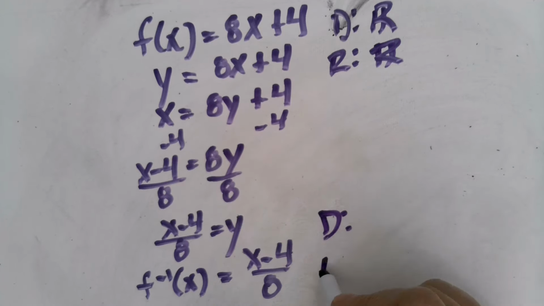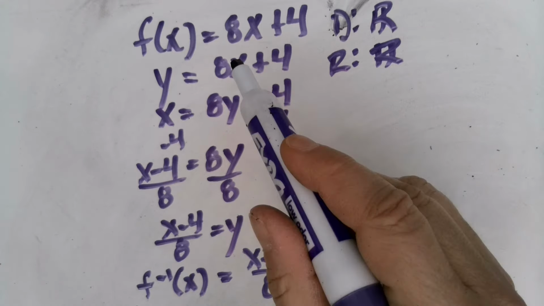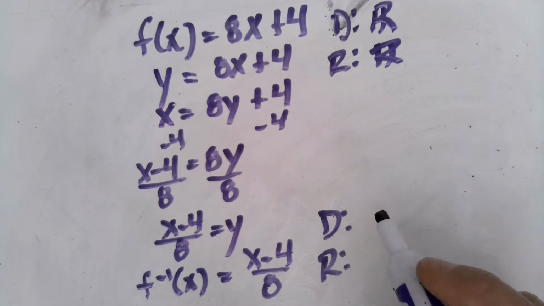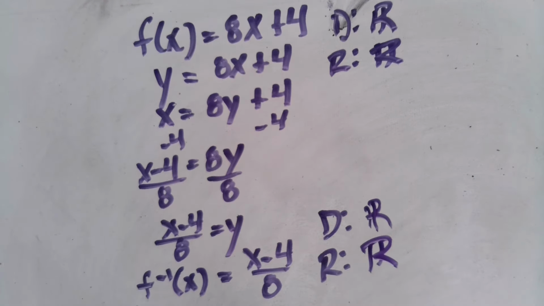You're going to be asked to find the domain and the range of an inverse function. Well, just like we are inverting the x and the y, the domain and range invert. Since they're the same in this case, they would be the same. We're going to show you how that works in the next problem.